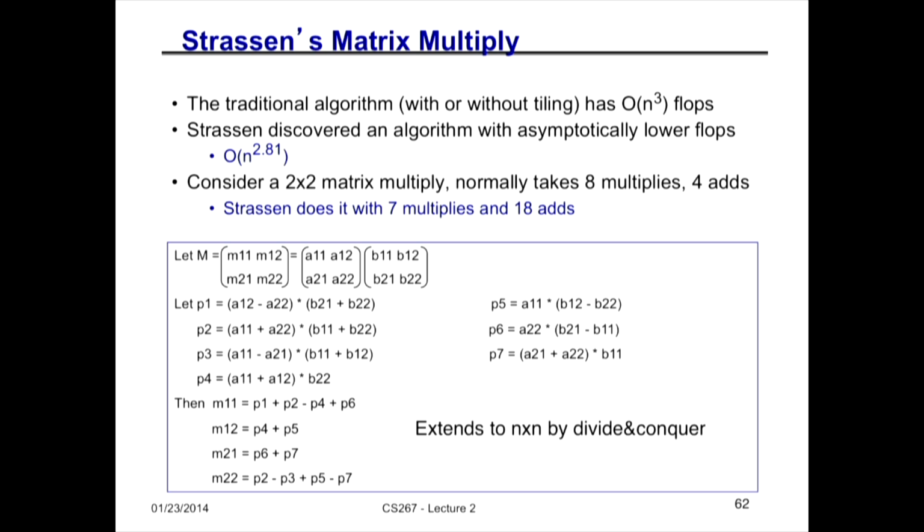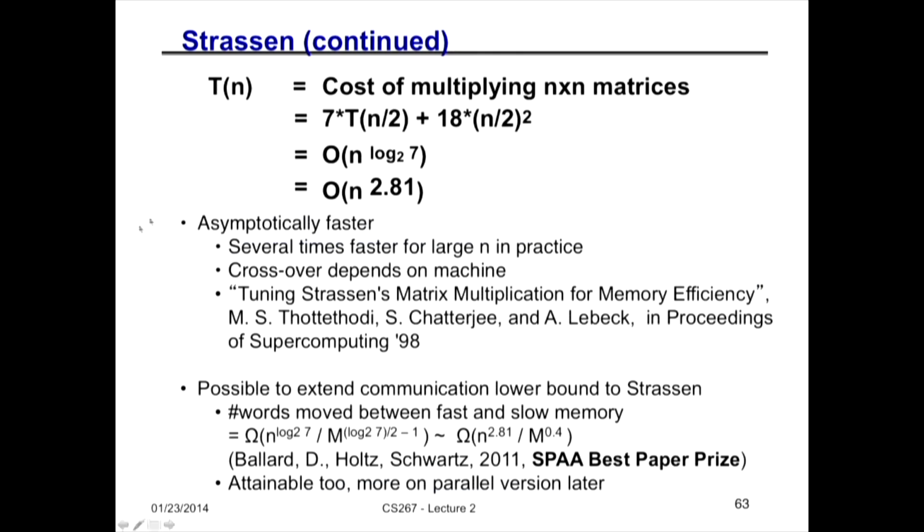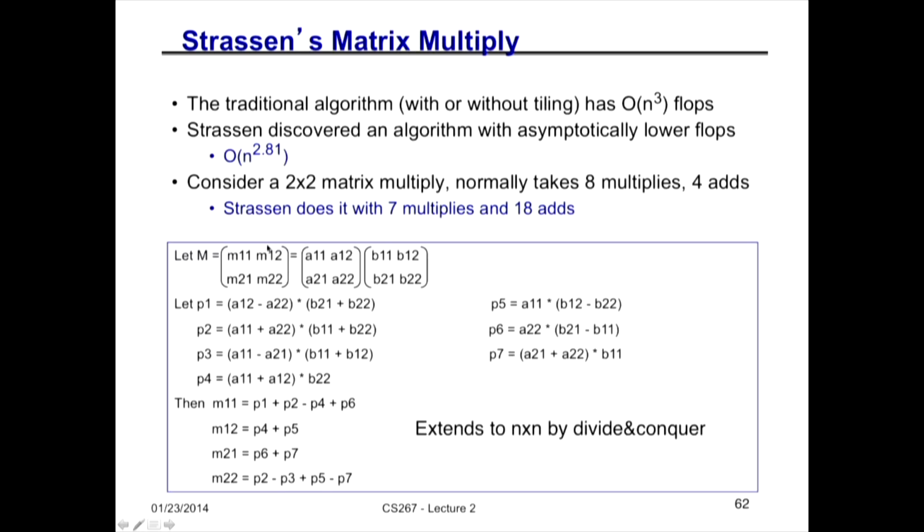So let me tell you why this is arbitrarily faster than the classical algorithm. I'm going to write down the recurrence, because the algorithm is going to be recursive. Remember recursive matrix multiply, where I called the same routine 8 times in the inner loop? I'm just going to use this exact same idea, except now I'm going to call myself 7 times in the innermost loop, because there are only 7 subproblems of half the size.